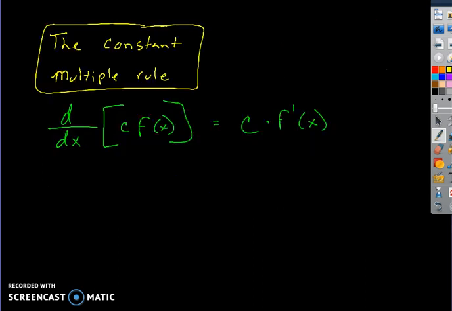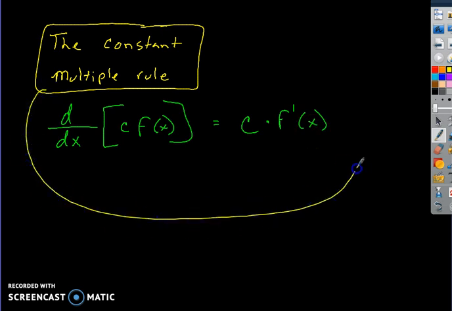Moving on. So the next rule is the constant multiple rule. It means d/dx, or derivative with respect to x, of some constant times some function, like 3x squared, or 5x squared, or whatever. You could take the constant out and multiply by the derivative of whatever the function is.